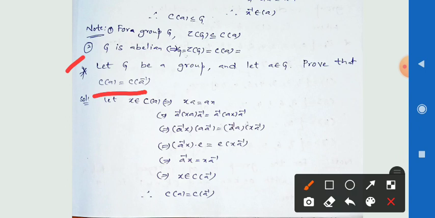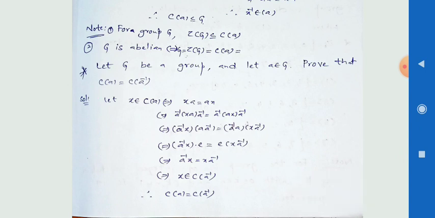Similarly, if any element x belongs to C of A inverse, by the same process we conclude that x also belongs to C of A. By this we can conclude that C of A is equal to C of A inverse.